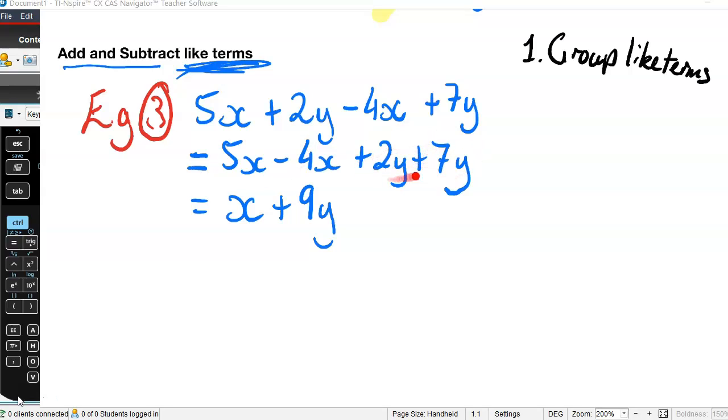You can add them together because they are like terms. You are adding two like things together. There's 2 lots of y here, 7 lots of y here. So together there are 9 lots of y. We have 5 lots of x, and we take away 4 lots of x to be left with 1x. Okay, let's do another one.